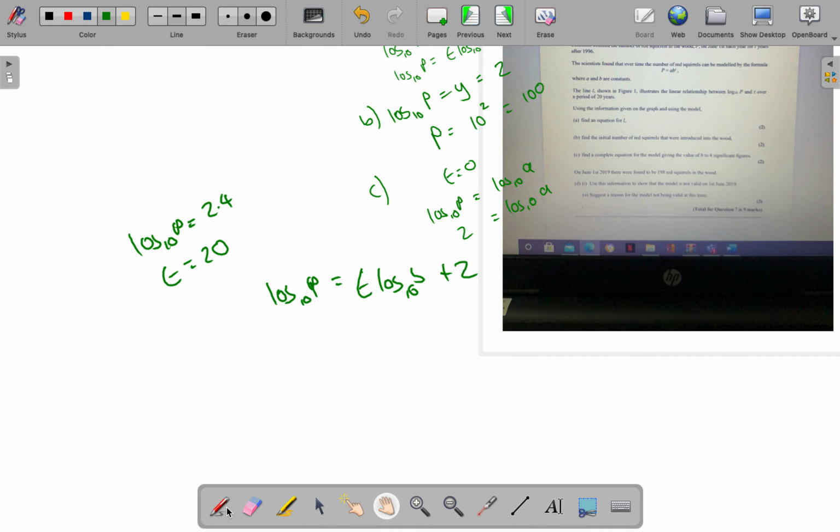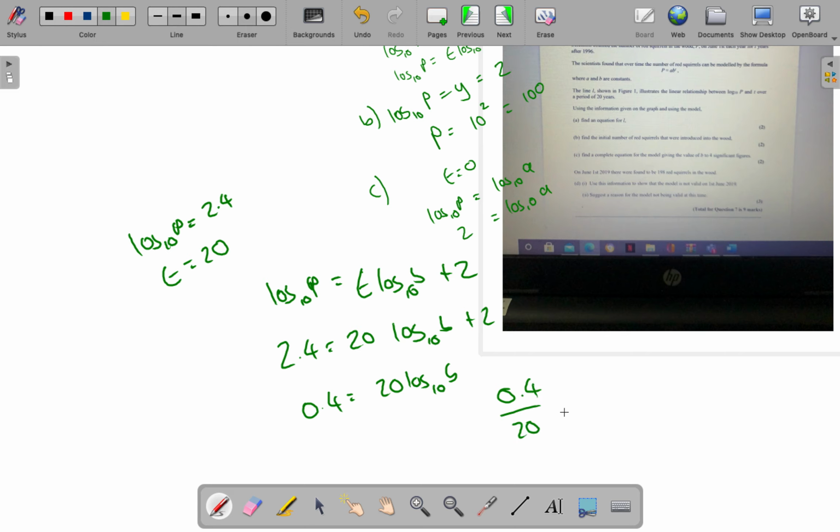So here we just end up with the following: 2.4 is equal to 20 log base 10 b plus 2. And then we rearrange, so we move the 2 over, so that becomes 0.4 equals 20 log base 10 b. And then we just rearrange: 0.4 over 20 equals log base 10 b. So b is equal to 10 to the power of 0.4 over 20. And then from here we just solve.